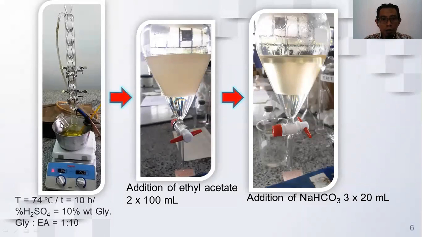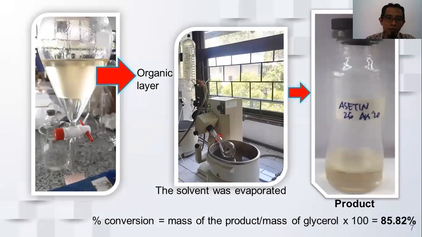And then the mixture was introduced to a separatory funnel, added ethyl acetate and sodium bicarbonate, and settled overnight. After that, two layers formed. The upper layer is the organic layer.